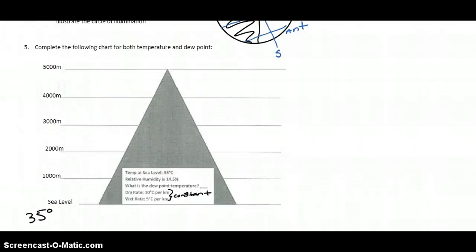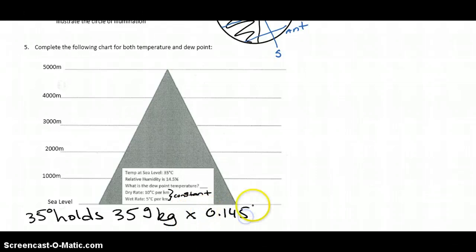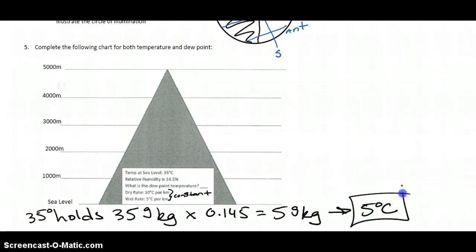So just to recap, 35 degrees holds 35 grams per kilogram. If we figure out what 14.5% of that is, we get 5 grams per kilogram, which is saturation for 5 degrees C. So that right there is my dew point.